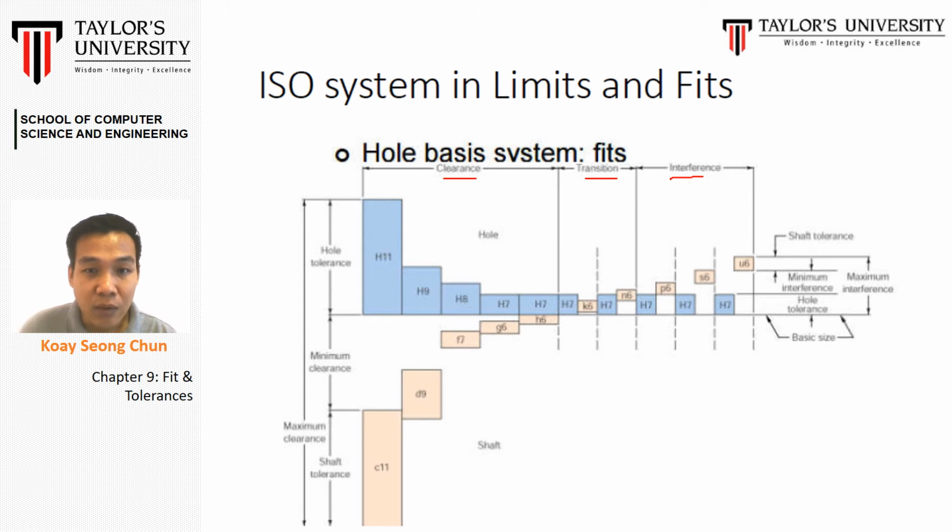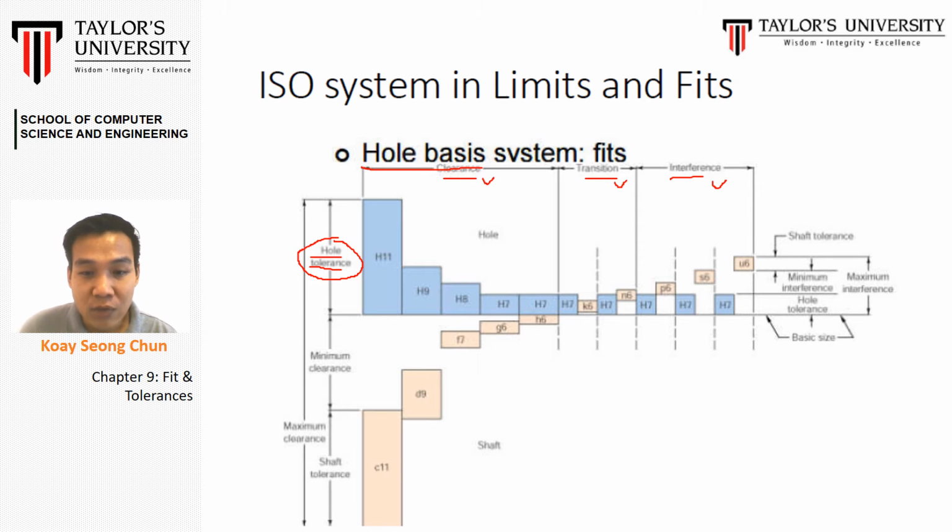It depends on what kind of fit you need. Here you have clearance fit, transition fit, and interference fit. And then here is the tolerance for the hole. If you are using the hole basic system, you just need to check what type of hole tolerance you're going to use and what kind of fit you need to achieve.